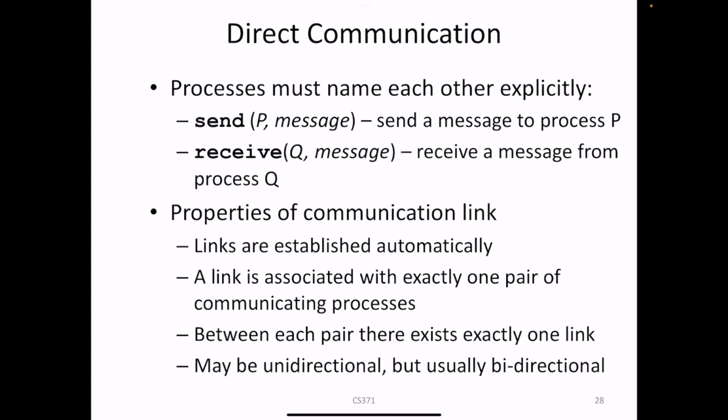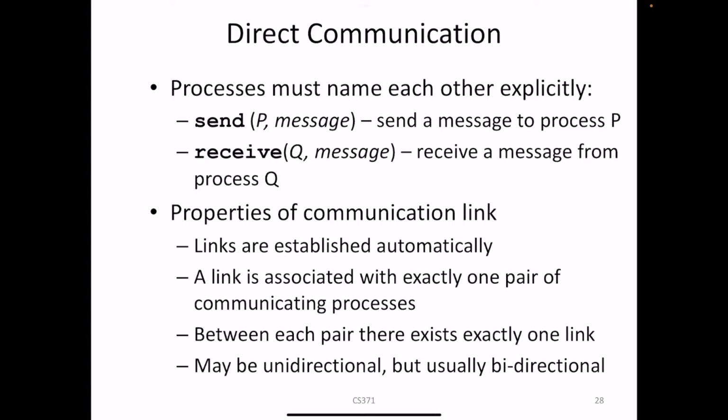Between each pair of processes, there exists exactly one link. So no more links for one pair of processes if they already have one. They cannot have a second link. And usually those links are bidirectional, which means both processes can send and receive messages from each other.